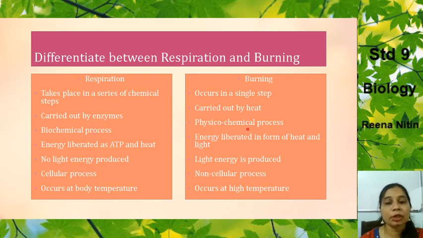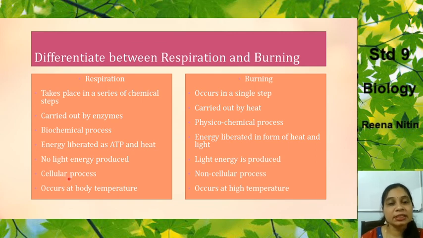Burning is a physicochemical process because there might be a change in the physical properties of the substance, like burning of paper, where the physical property of the thing gets changed. In respiration, energy is liberated as ATP and heat, as I told you, and in burning the energy is liberated in the form of heat and light. No light energy is produced in respiration, but in burning light energy is produced. Respiration is a cellular process.